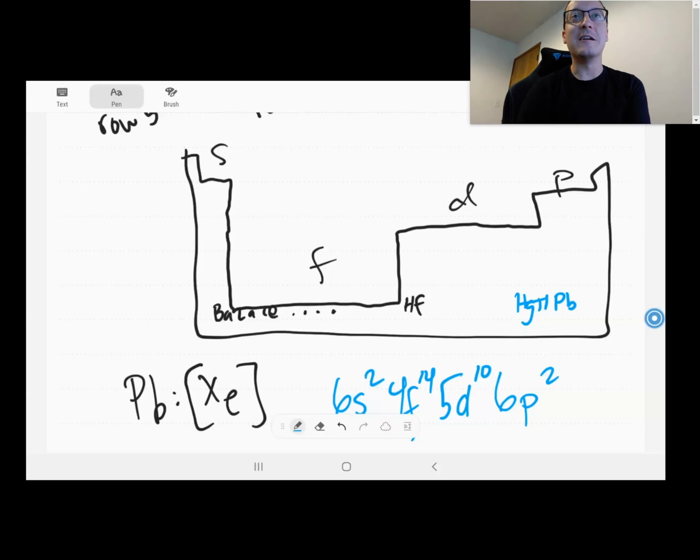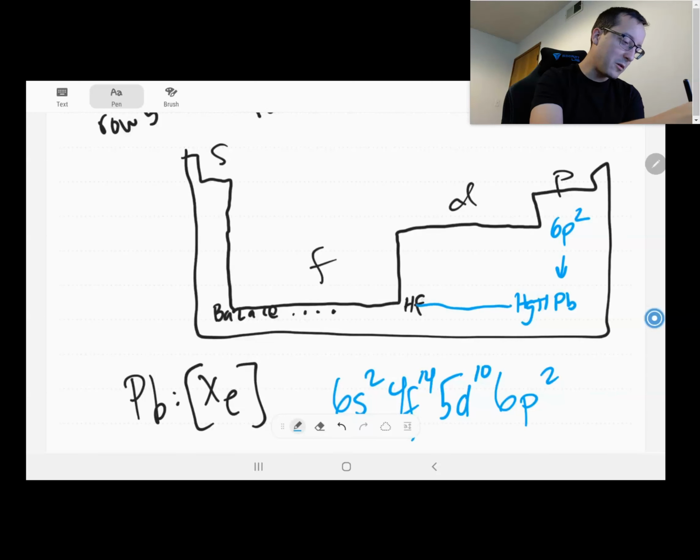Okay. Alright, Zoe, so let's do this one first. That's just how we do it if we're going to use the noble gas shortcut. We also just put it in brackets, just to illustrate that we have the same electron configuration as xenon, and then we're going to go forward. Okay, so lead is here, which is going to be 6p2.